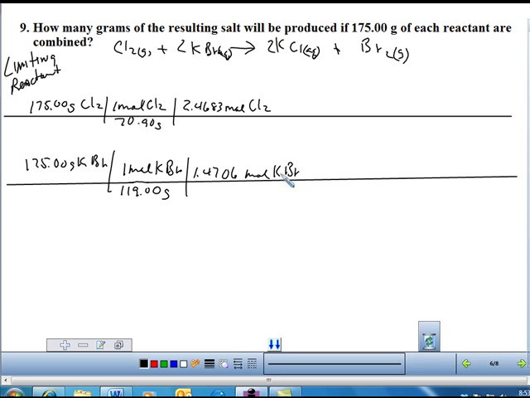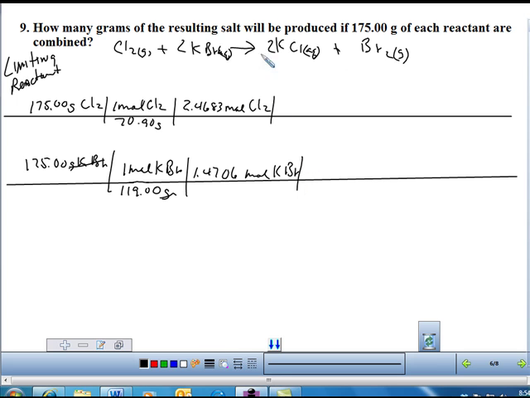Now, does everybody understand how this works? The grams of potassium bromide cancel, okay? So all we're doing is dividing the 119 into the 175. Here we're dividing the 70.9 into the 175, okay? That gives us moles of chlorine and moles of potassium bromide.